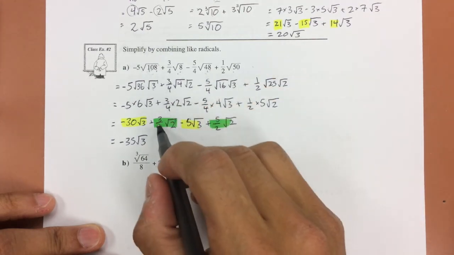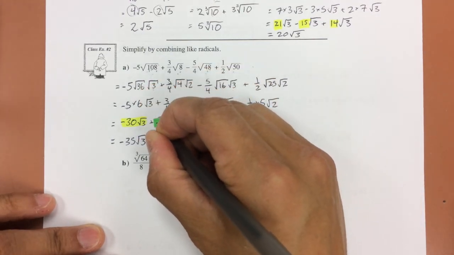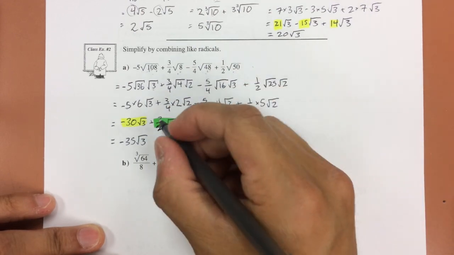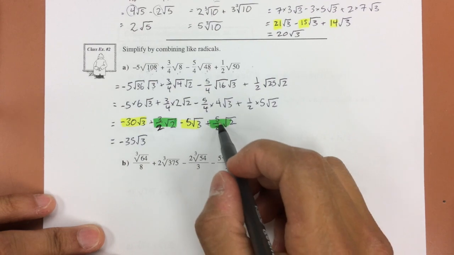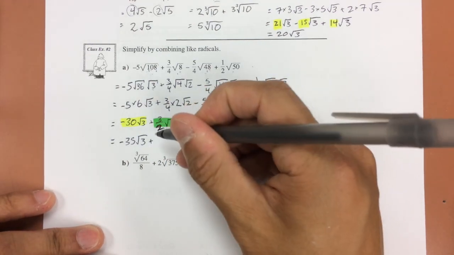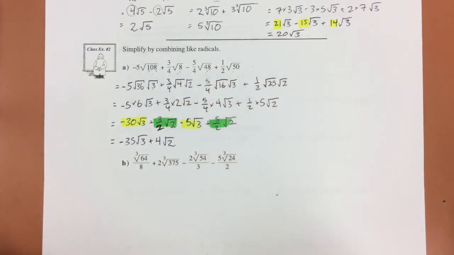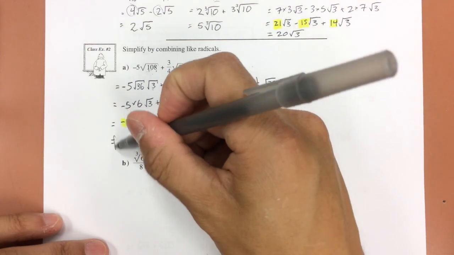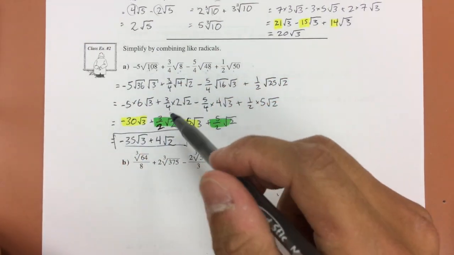Oh wait, this should not be 3/4. Sorry, this is a mistake. This should be 3/2. So 3/2 plus 5/2 is going to be 8 over 2. 8 over 2 is 4, 4 root 2. And this is going to be our final answer. We can't actually simplify any more than this if we're looking for the exact value.